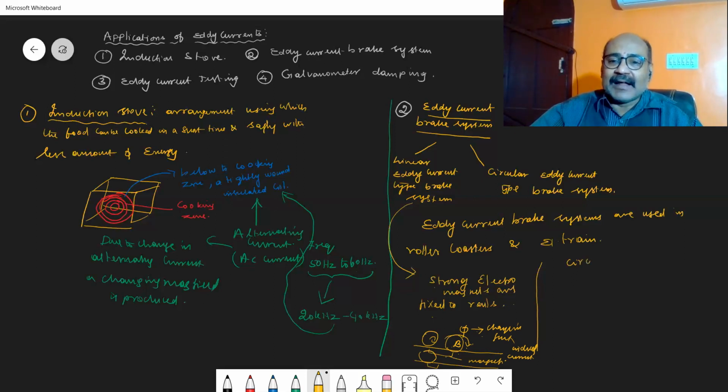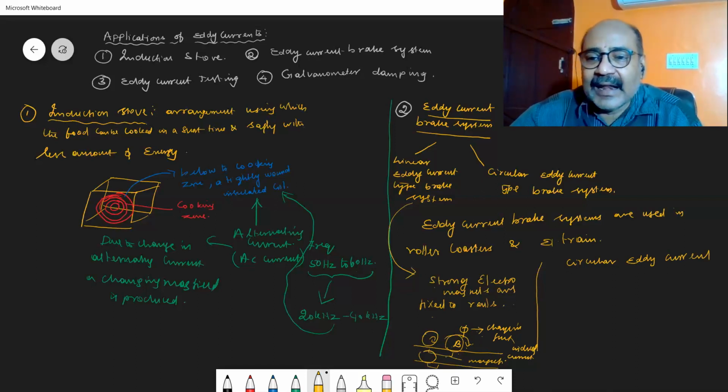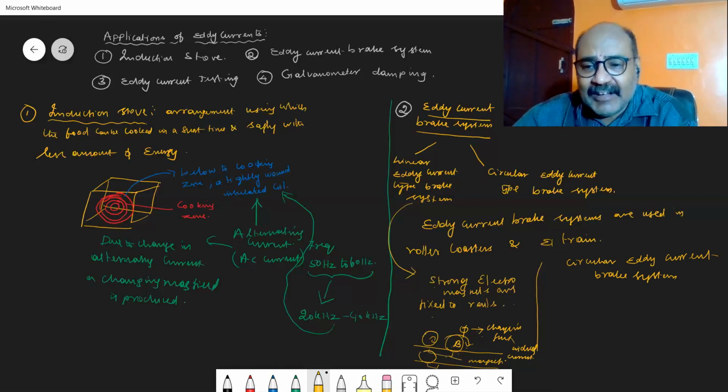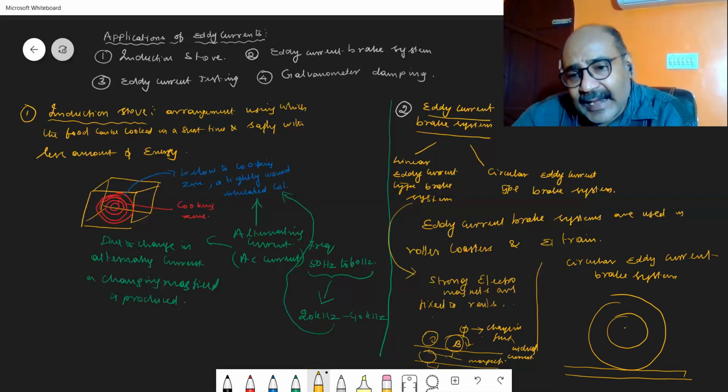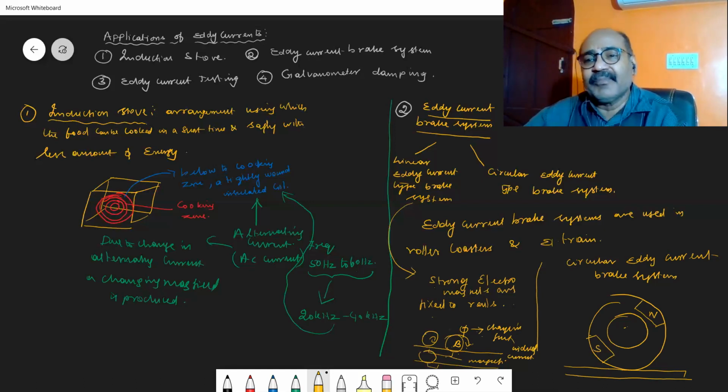What is the circular magnetic brake system, or circular eddy current brake system? When you are considering the circular eddy current brake system, you have to consider the circular disc of the wheel. When you are considering the wheel of the train, the wheel of the train is fixed with a circular drum. This circular drum can rotate. This circular drum is made to rotate in between the pole pieces of an electromagnet, north pole and south pole.